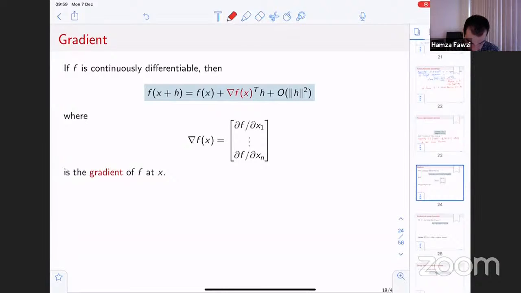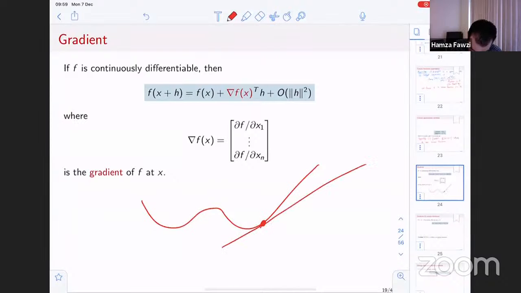I guess that's the only thing I need. Really, what you're doing here is a first order Taylor approximation of your function. This doesn't have to be a convex function. So this is your function f, and this is your Taylor approximation.